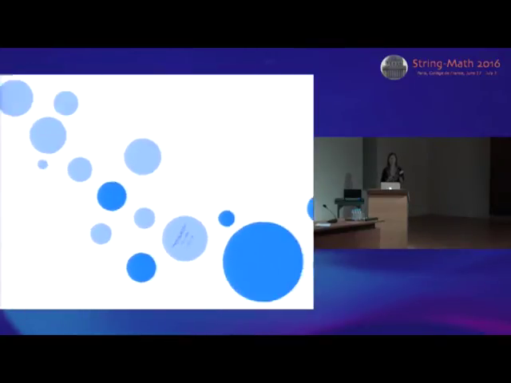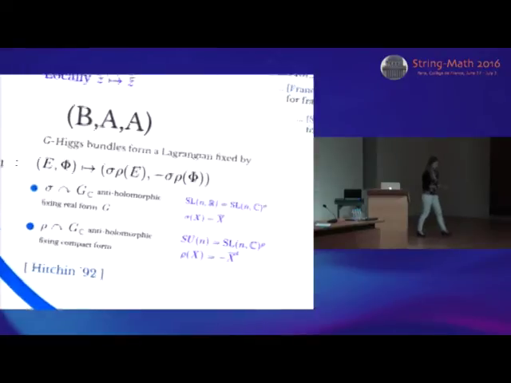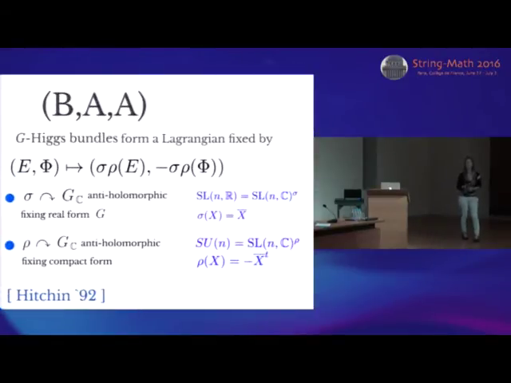What he saw is that this space was actually given by Higgs bundles for a real form. So I'm going to take a real form of my complex group, and a real form G is a subgroup which is fixed by an anti-holomorphic involution. So we're going to call sigma an anti-holomorphic involution of the complex group. And we're going to call rho the compact involution, so the one fixing the maximal compact subgroup.